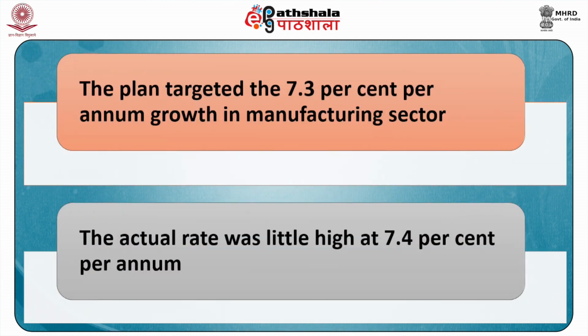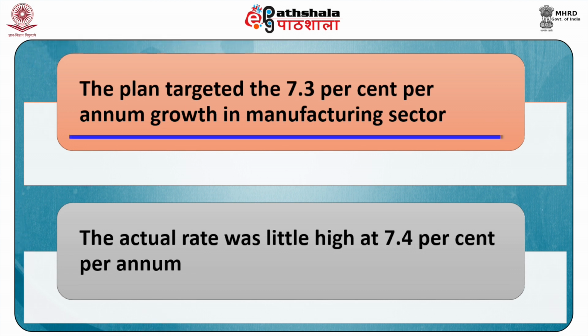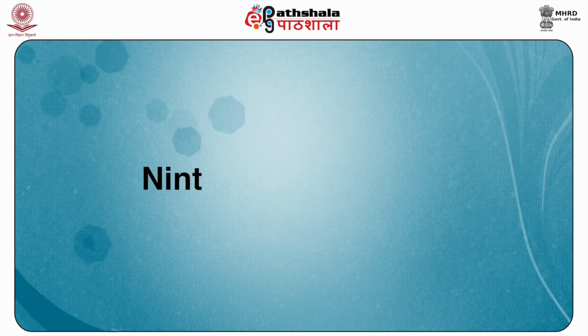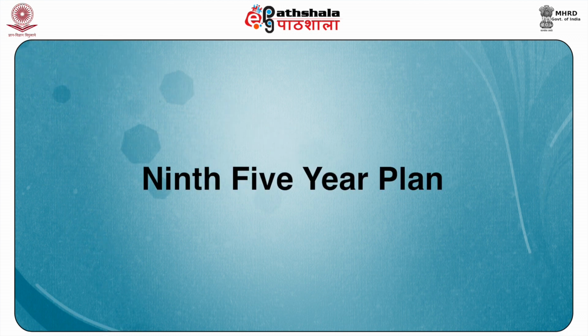The plan targeted 7.3% per annum growth in the manufacturing sector, but the actual rate was a little higher at 7.4% per annum.